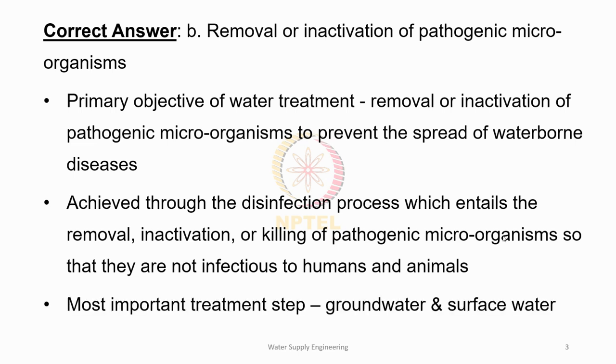And the most important treatment step when it comes to a groundwater or surface water source is the disinfection, because there are many chances that these water sources might have active pathogenic microorganisms. So disinfection is a primary step that is to be followed when we are treating groundwater as well as surface water.